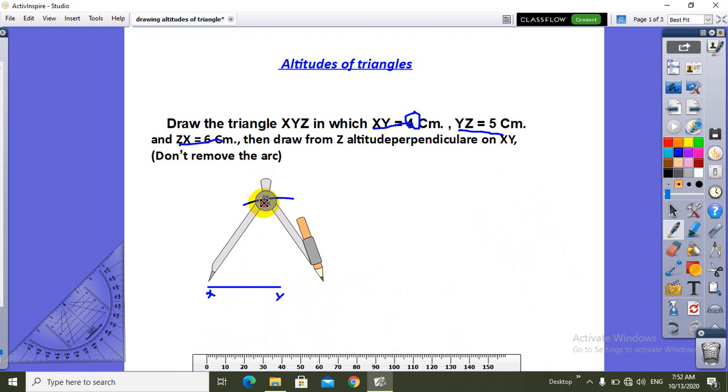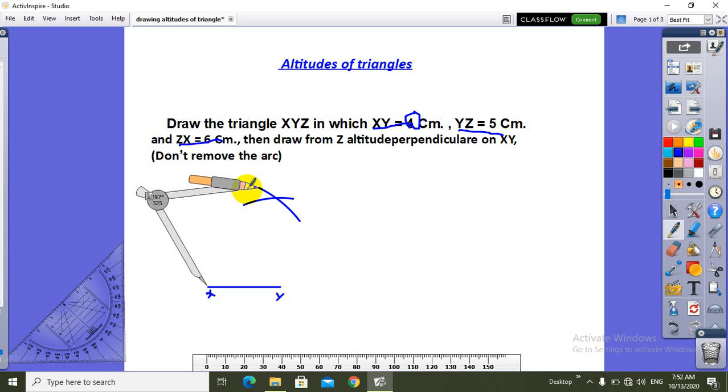Then put the compass on X and move it slowly without drawing, because I need the arc to intersect with the other one here in this place. Then by using this pencil, I will draw the second arc.